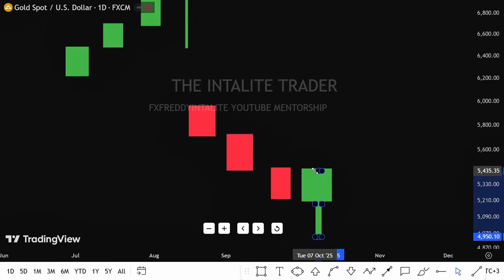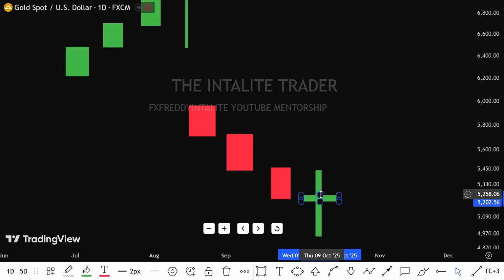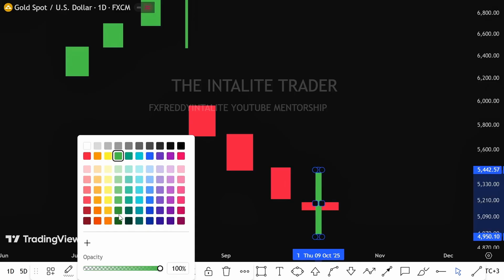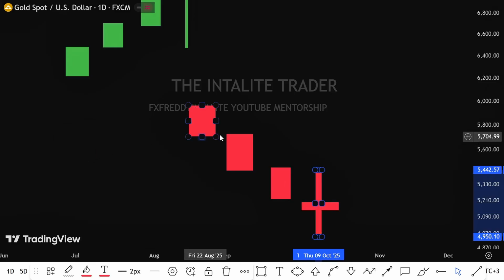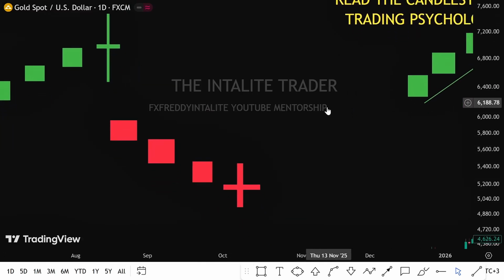So when this candle is bullish, it comes and closes here. It can close as a bullish candle or it can close as a bearish candle. Regardless of the color, it doesn't matter. All we want to see is a long wick candle. So this also still falls under long wick candles.